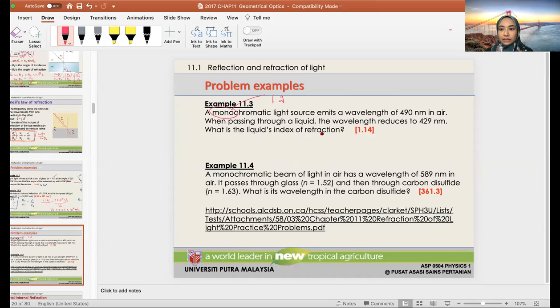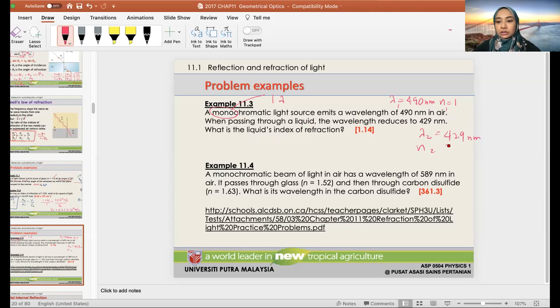So a monochromatic light emits a wavelength of 490 nanometers in air. So this is n equals 1, lambda equals 490 nanometers. When passing through a liquid, the wavelength reduces to 429 nanometers. Okay, so it asks, what is the liquid's index of refraction?